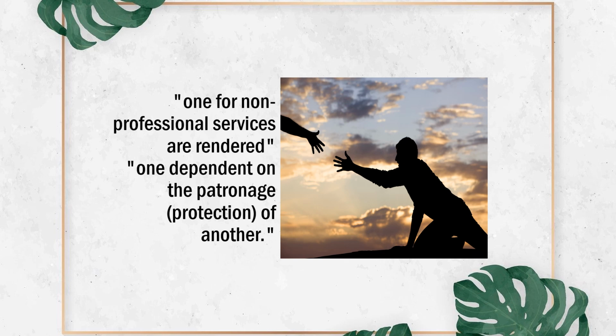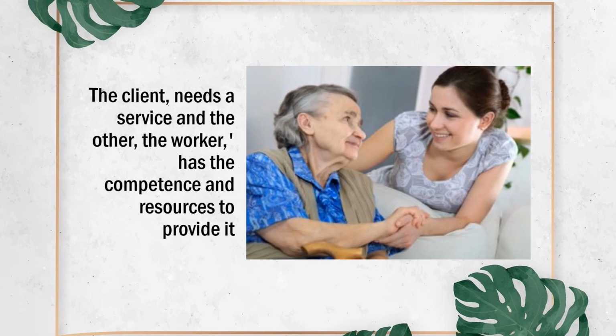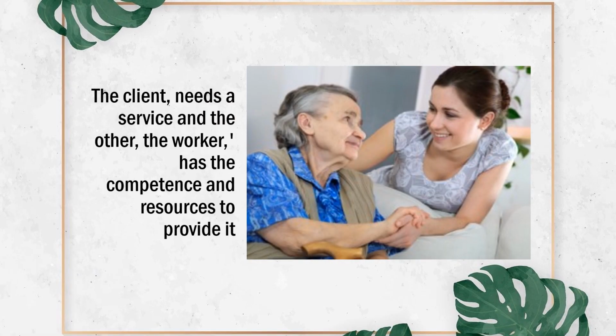Therefore, the client is not necessarily subordinate to the worker in their relationship. It is a kind of partnership where one, the client, needs a service and the other, the worker, has the competence and resources to provide it. To meet the need or solve the problem, both worker and client must join hands, the former providing the external resources and the latter the internal resources, that is, his motivations, innate capacities, and acquired abilities.